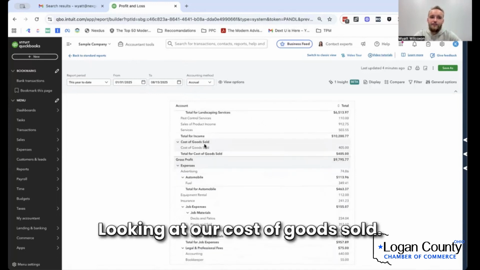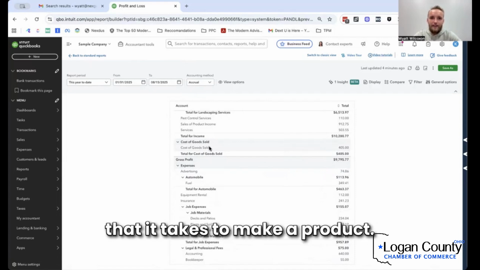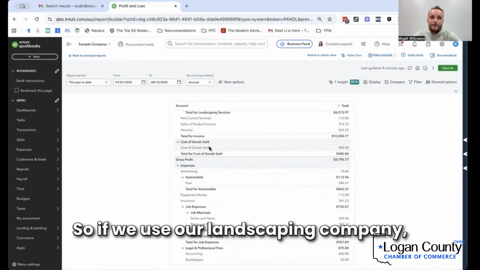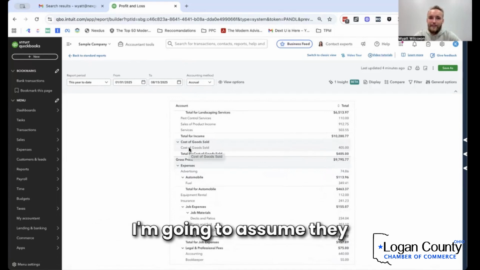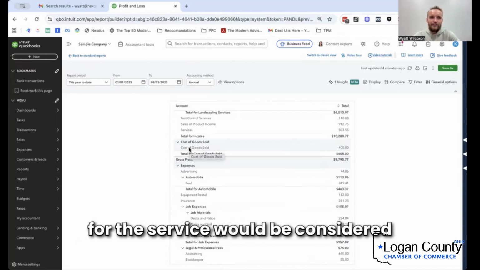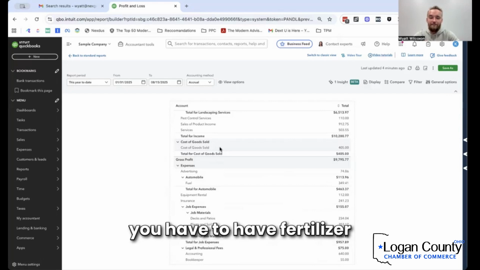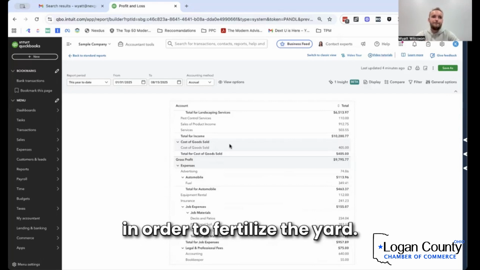Looking at our cost of goods sold, that is anything that it takes to make a product. So if we use our landscaping company, I'm going to assume they have some fertilizer services. So the fertilizer needed for the service would be considered a cost of goods sold, because you have to have fertilizer in order to fertilize the yard.